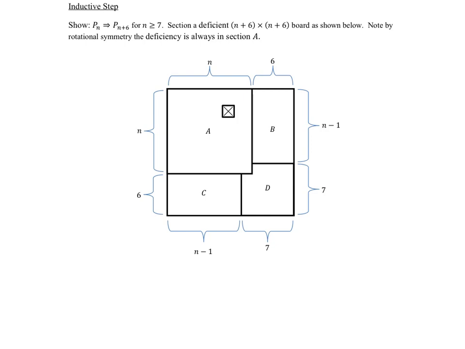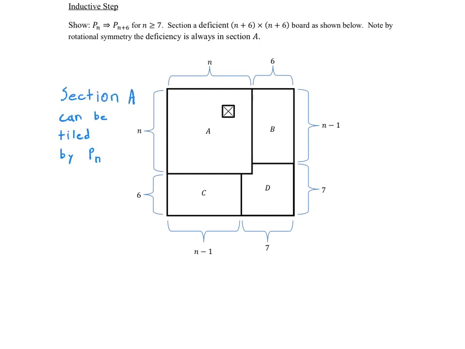So once again, we're trying to prove that P sub n plus 6 is true. So sitting in front of us, we have our n plus 6 by n plus 6 board. And if we looked at section A, it is an n by n board that is deficient. So P sub n directly tells us that section A can be tiled.